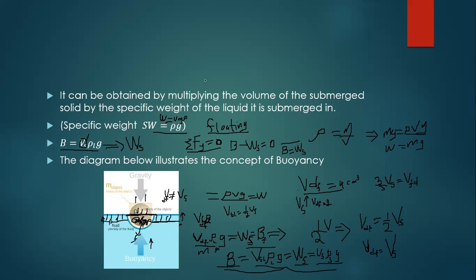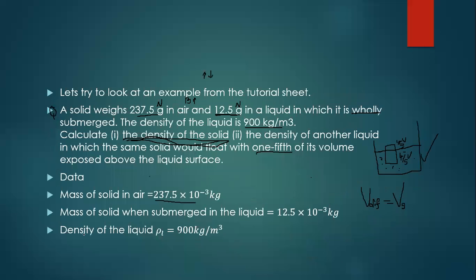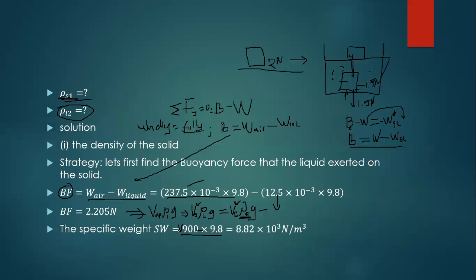So if we have the weight, we are saying weight is equal to the volume times the density and acceleration due to gravity. And then here now, since we know the density of the liquid, we can use it to find the specific weight.